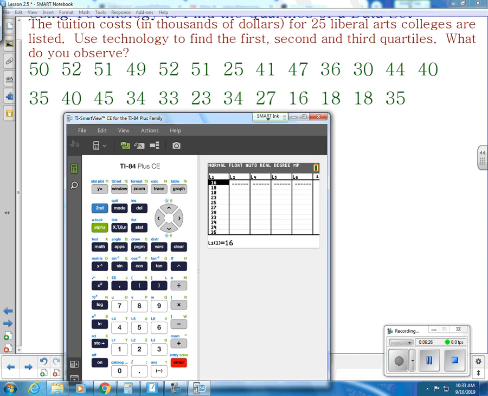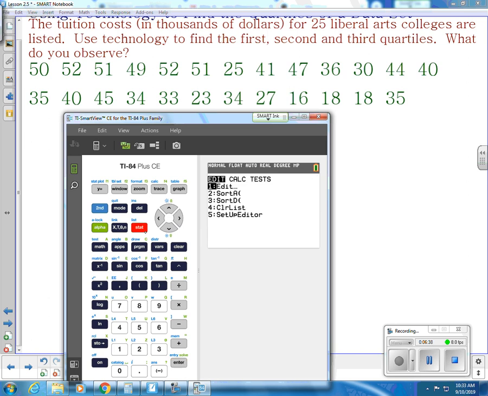So that's nice. If you have 70 things in your project and you want to put them in order, type them into your Stat and let them get ordered. So that's one thing. You're going to go to Stat, Sort. Sort A means ascending, so from little to big. Sort D would be big to little.